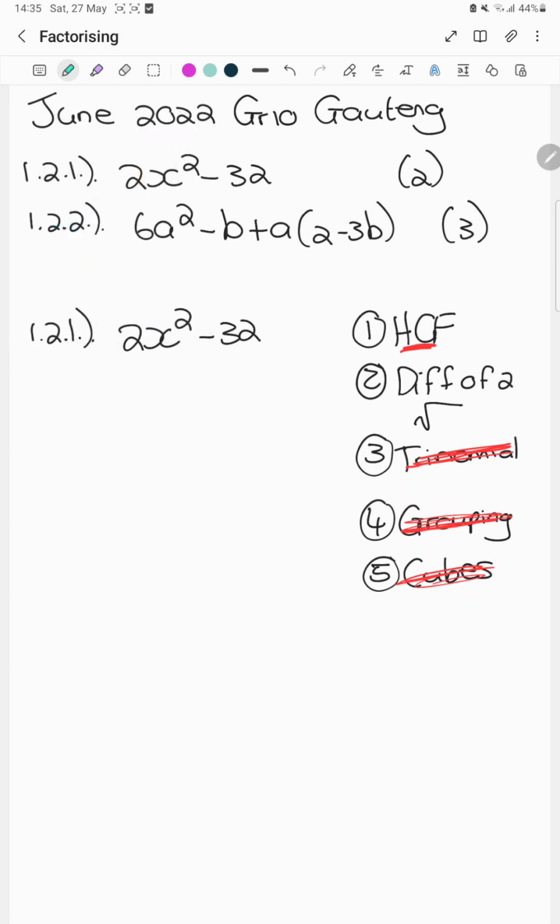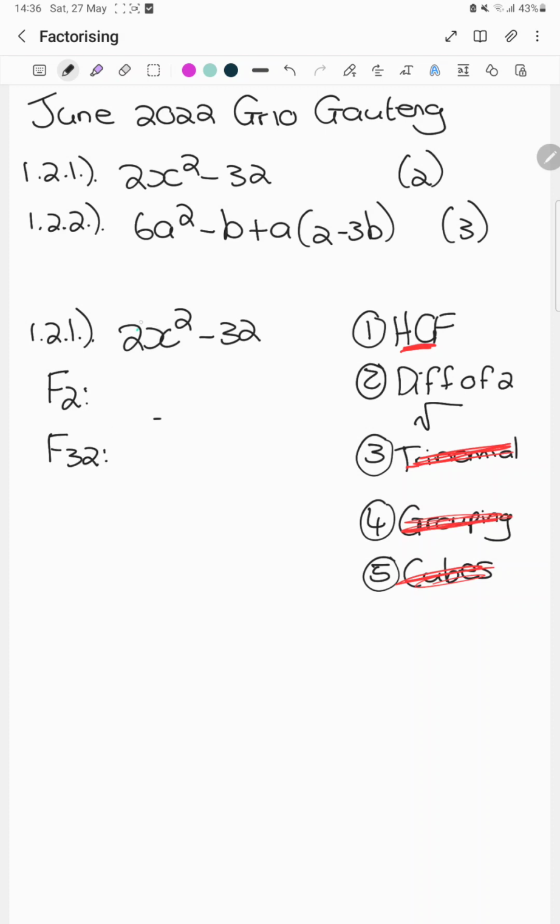So let's get the common factor. My first term, I have 2. And in my second term, I have 32.